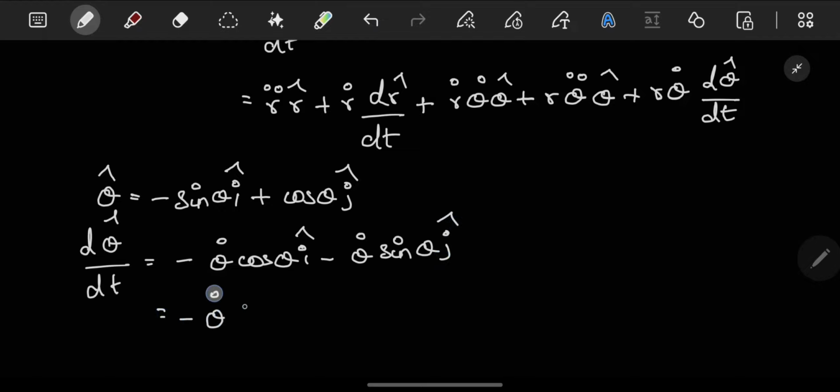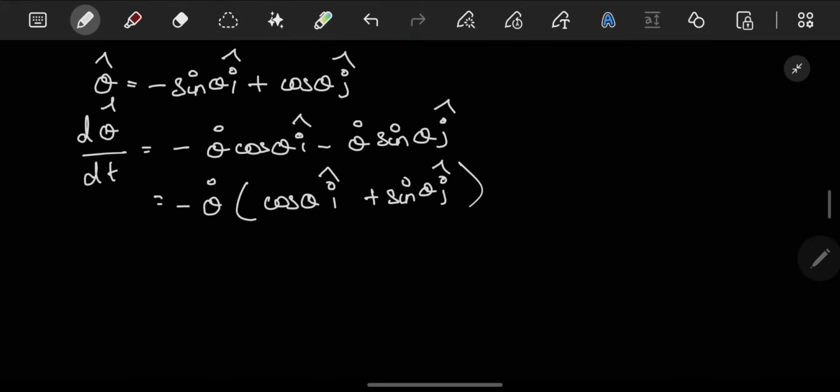If we take minus theta dot common, we'll get cos theta i cap plus sin theta j cap. Now this term cos theta i cap plus sin theta j cap is nothing but r cap. So we can write this as minus theta dot into r cap. So d theta cap divided by dt is equal to minus theta dot into r cap.